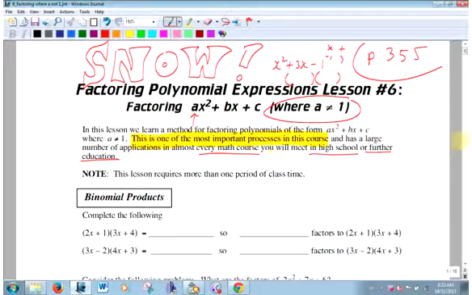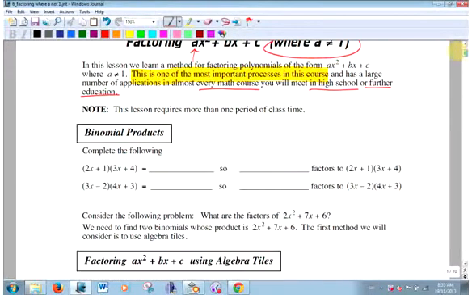Okay, this is a little more involved. So, complete the following. This we did last chapter. That's a binomial times a binomial. How do you do this? FOIL it. Okay, so 2x times 3x is 6x squared. Outside, 4 times 2x is 8x.